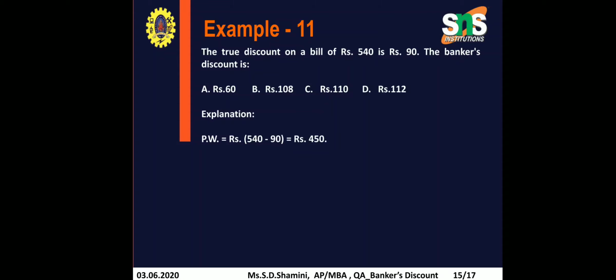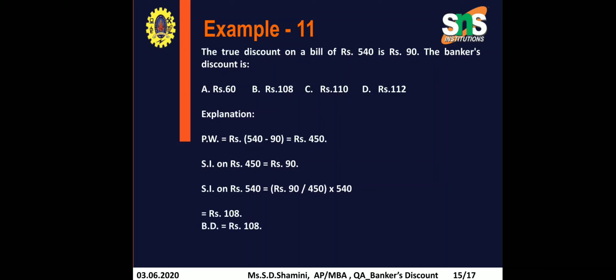So you will get rupees 450, and the simple interest on 450 is rupees 90. So simple interest on 540 is 90 divided by 450 into 540. So you will get rupees 108, and the banker's discount is the same as the simple interest. So this is also rupees 108. So the answer for this particular problem is option B, rupees 108.